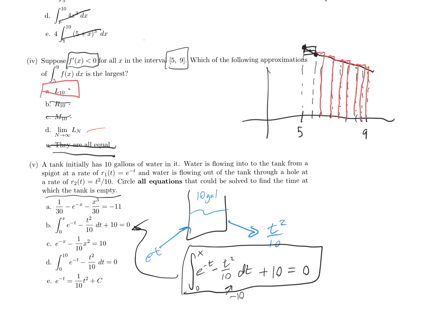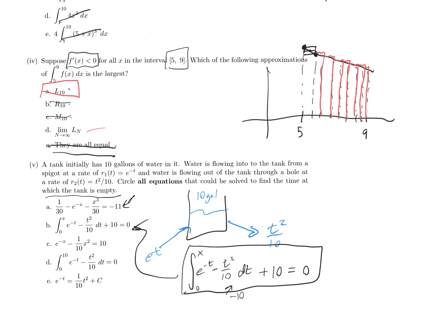Now, take a moment for yourselves and see if any of these other equations are the same as part B. While one of them looks close, like A looks close, but I don't think that A is it. So I'm going to say I don't think any of them are actually the right thing.